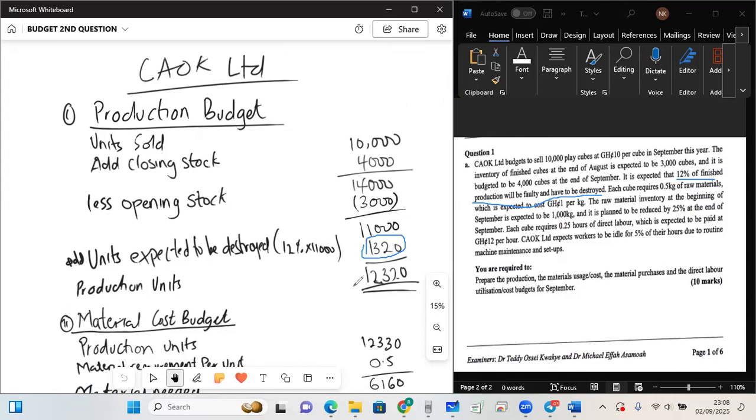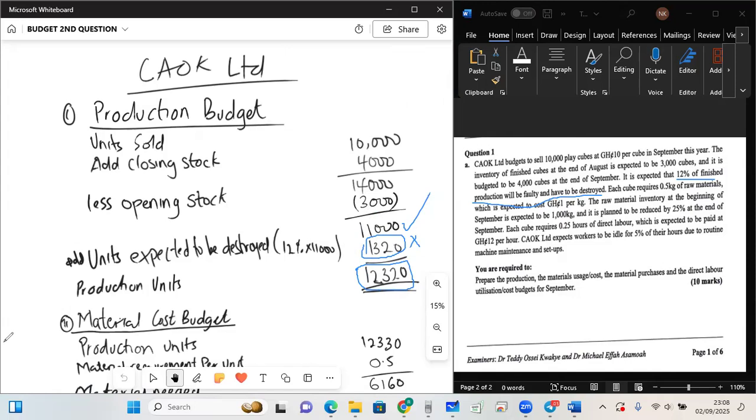So we have to include it and know that this is the total production, and this amount will be destroyed out of it. And this is what we will be left with as the net production.